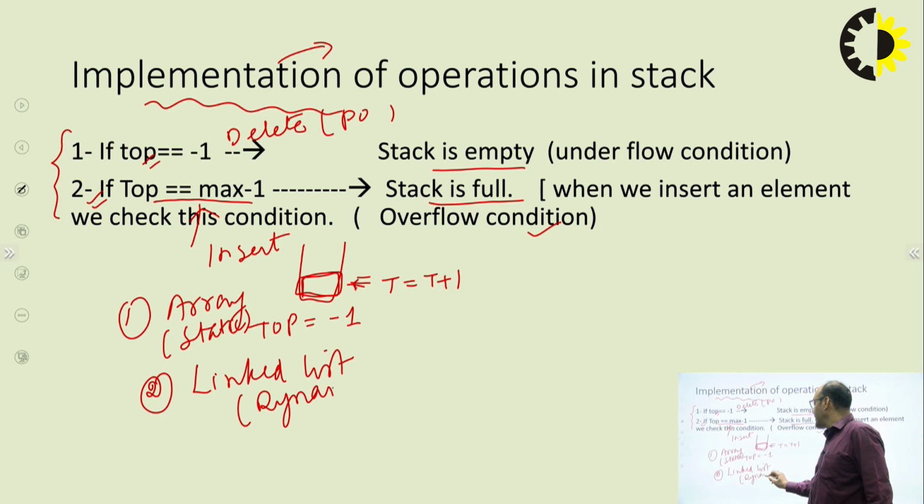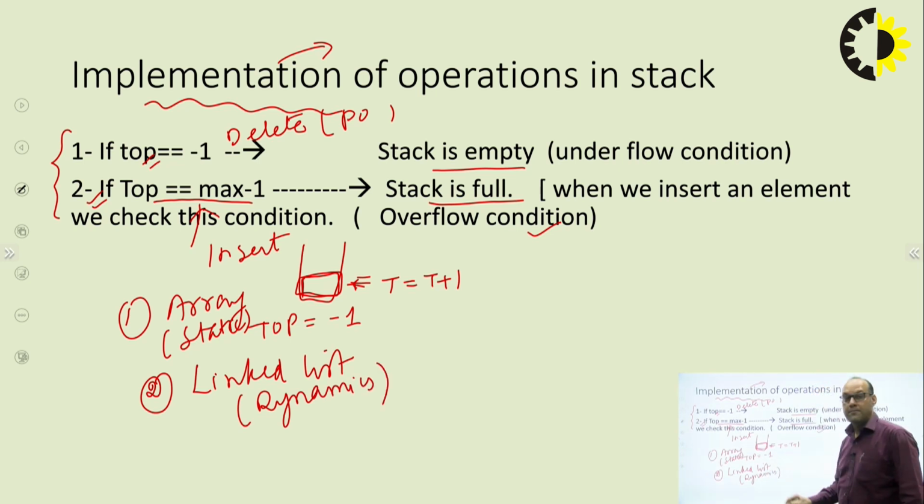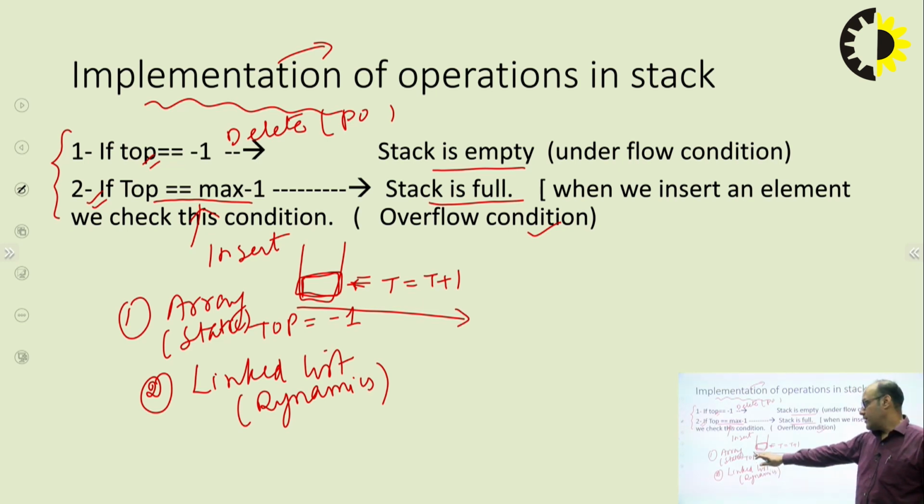So there are two ways by which we can implement the stack: array implementation and linked list representation. In both cases, firstly I have to check for the overflow condition in case of insertion and the underflow condition in case of deletion. So I will brief you about the insertion and deletion while using the array implementation. This is easier to understand.